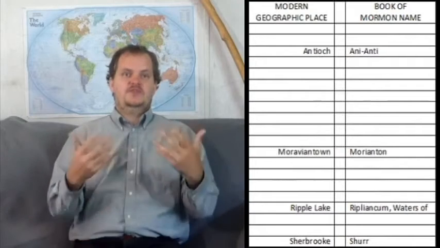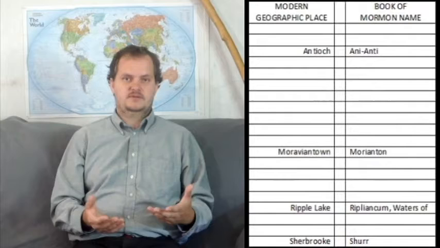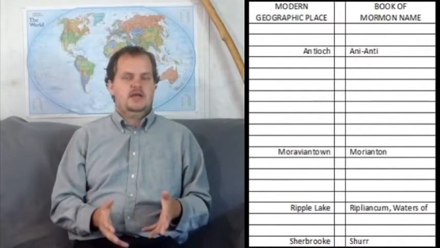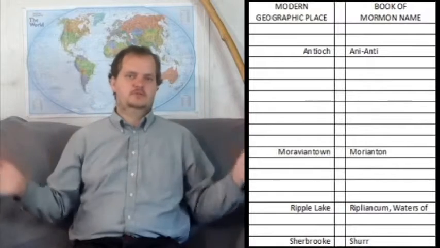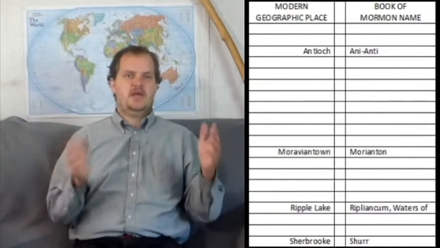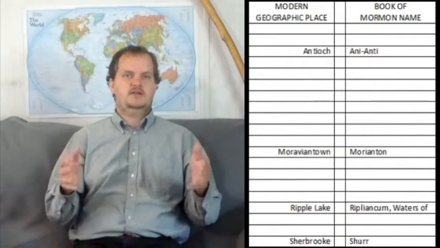This leaves us with 4 on this list. And with these 4, the similarities that are claimed are so minor as to be inconsequential. For instance, they compare the name Antioch to the name Onidah.